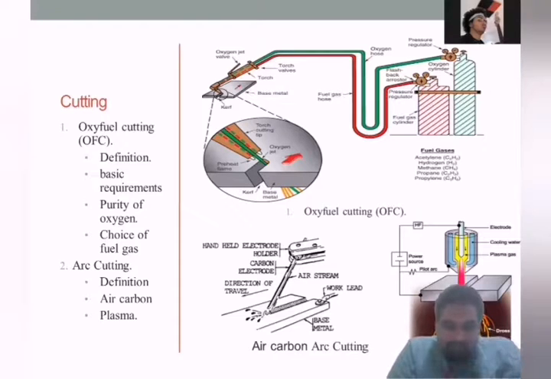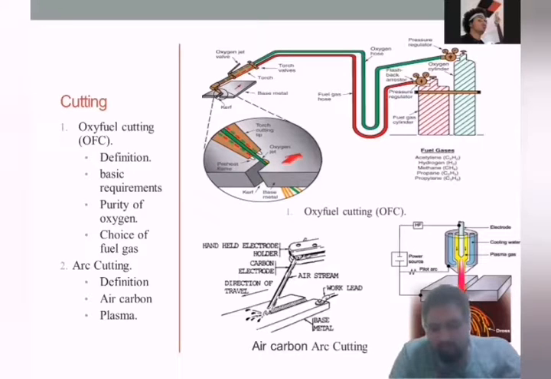In oxy-fuel cutting, we need to focus on the purity of oxygen, which should be 99.5%. Second, we need to focus on the fuel gas to oxygen ratio, the heat of combustion, which is meant to focus on the type of fuel combined with the oxygen.